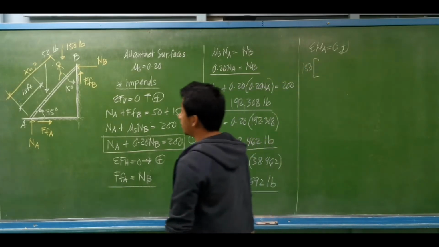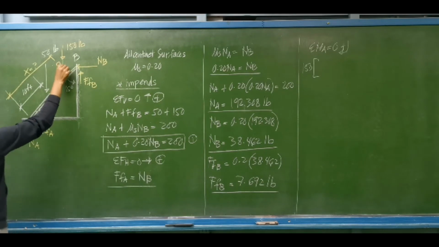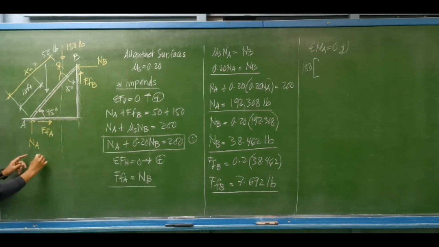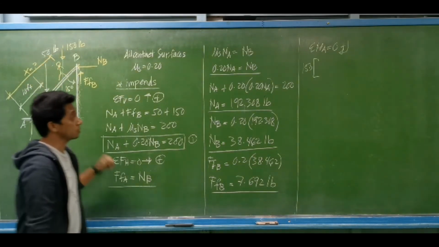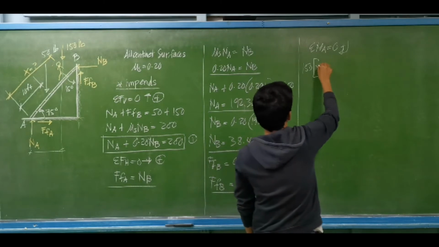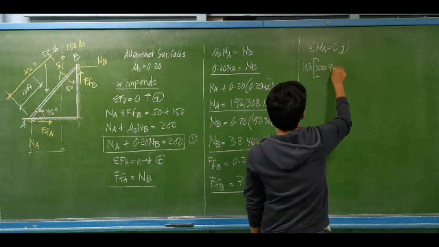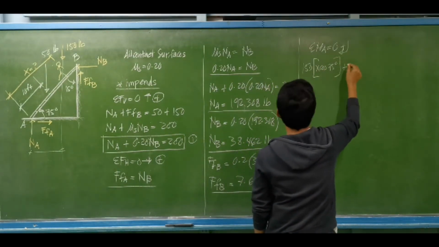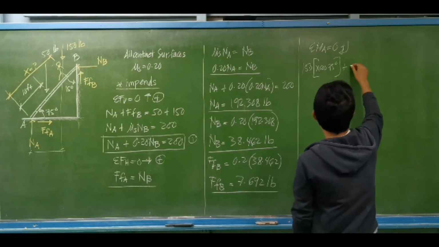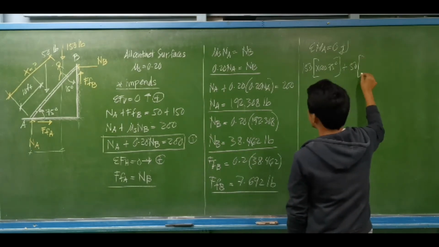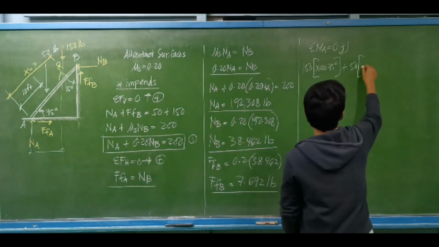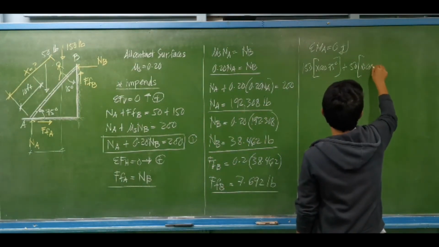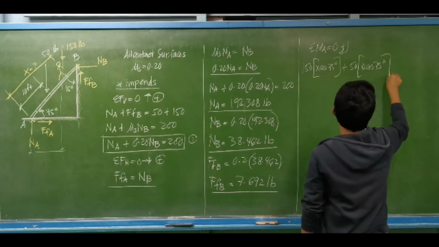What is the lever arm, or what is the perpendicular distance about point A? That's the same as distance x cosine of 75, so this is x cosine of 75 degrees, plus the weight of the ladder. This is 50 pounds. Again, it is acting at the mid-length of the ladder, so that's the same as 10 cosine of 75 degrees.